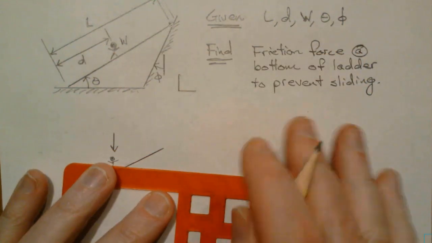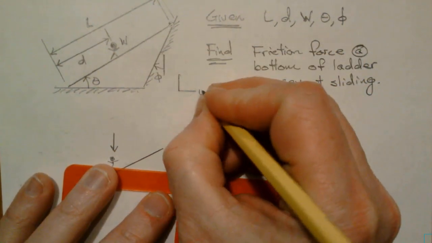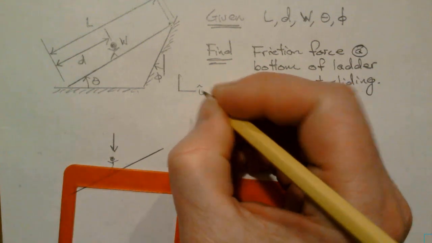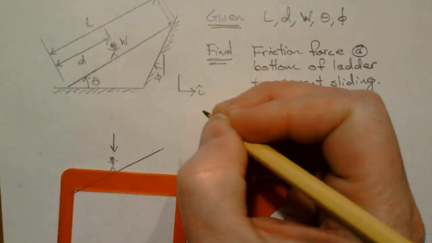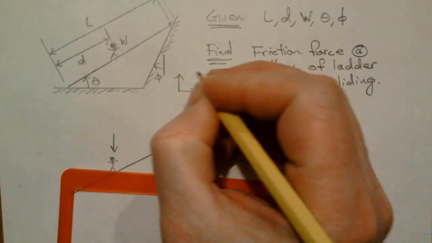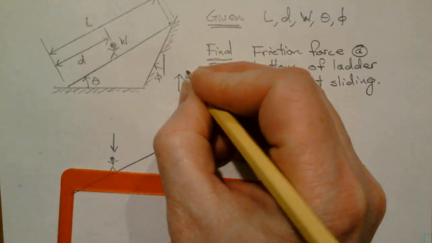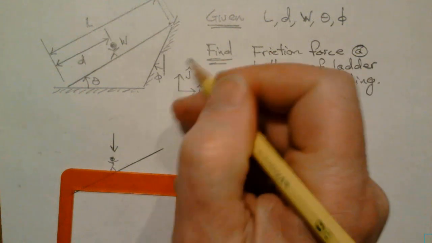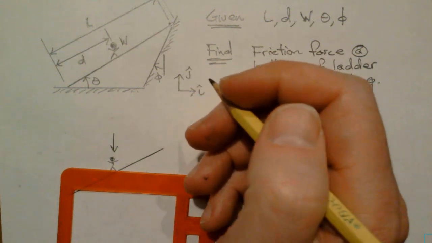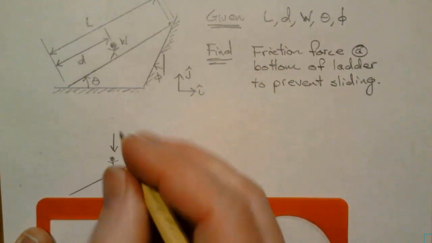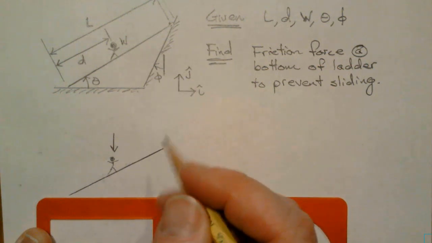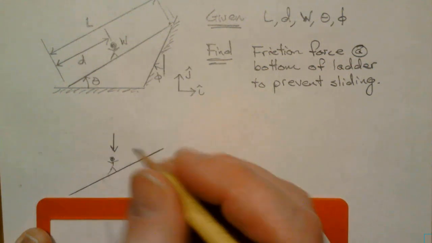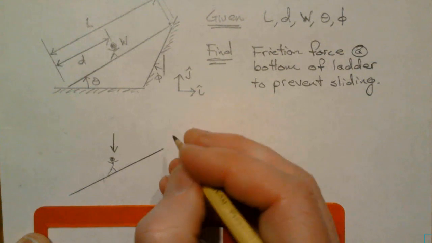For the horizontal direction, I'm going to call the unit vector i hat, and then I have the j hat vector pointing straight upward. These are my basis vectors for writing vectors in this problem.